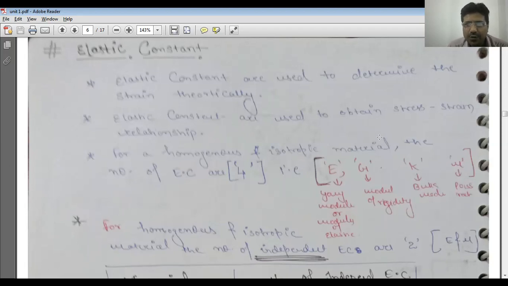To eliminate the proportionality sign and put it in the form of an equation, we take sigma equals k into epsilon. So k replaces the proportionality sign. This k represents a constant, and this constant is determined practically, in the laboratory.